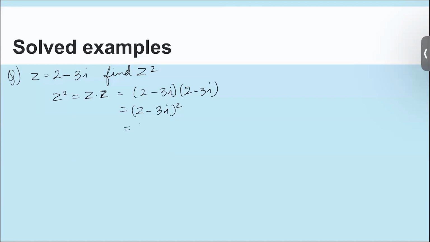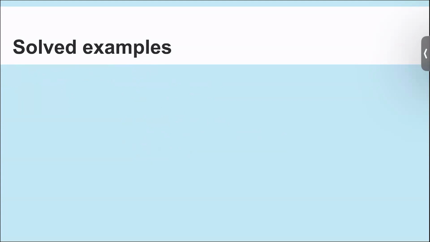Okay, so over here you will get this as 4, minus 2ab, so 2 into 2, 4, 4 into 3, 12. So this becomes 12i, and you have 9i squared. And over here, since i squared is equal to minus 1, this becomes minus 9. So you get this as minus 5 minus 12i. Okay, so this was an easy example. This is how you can find it. Now we will take another example.